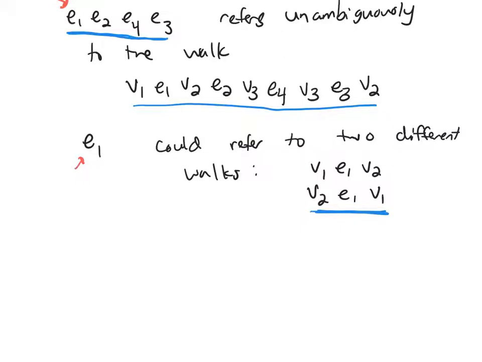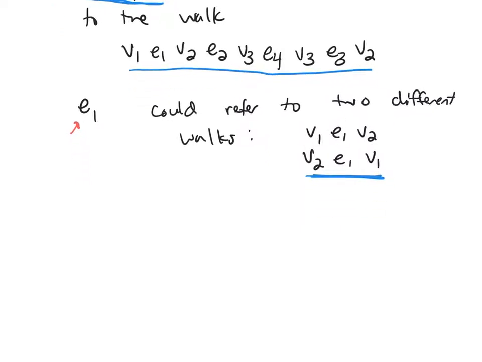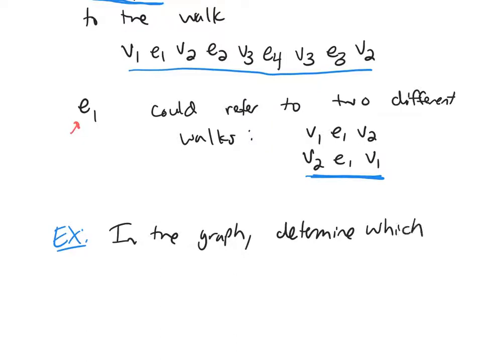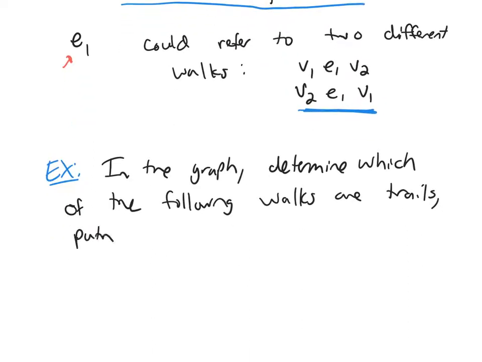All right, so we're going to look at a graph. Let's look at our example here. Say, in the graph, determine which of the following walks are trails, paths, circuits, or simple circuits.